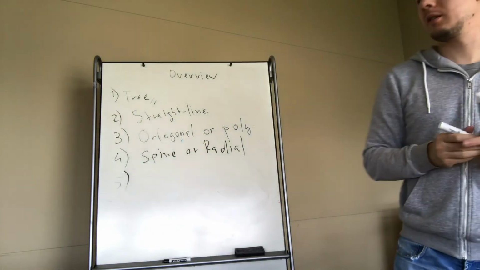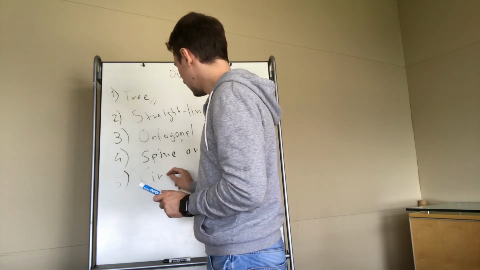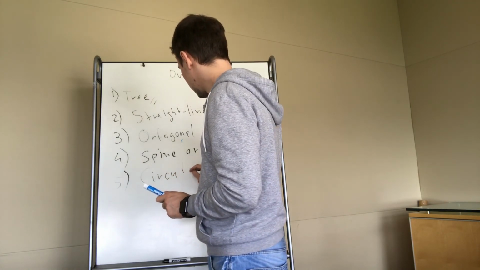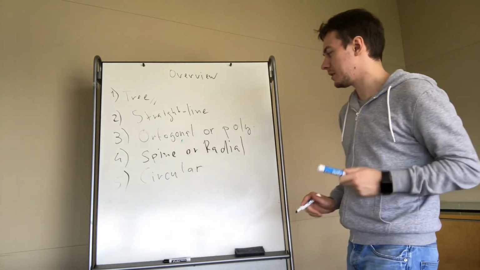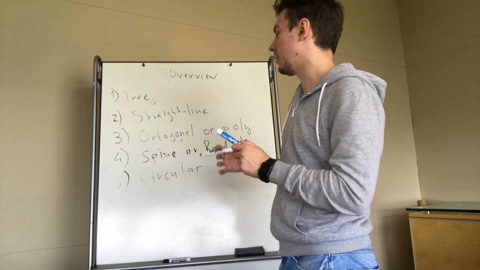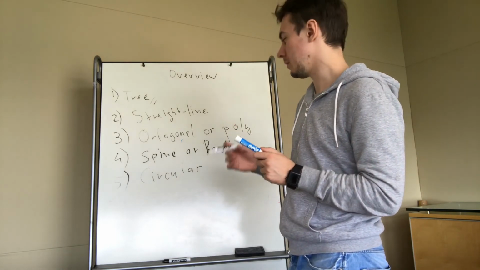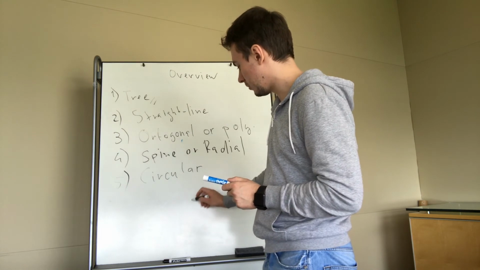The fifth class of algorithms is circular drawing. In this case, we usually try to find cycles in the graph and draw them as circles. Let me give you one example.